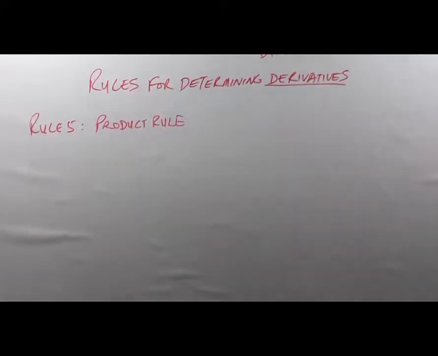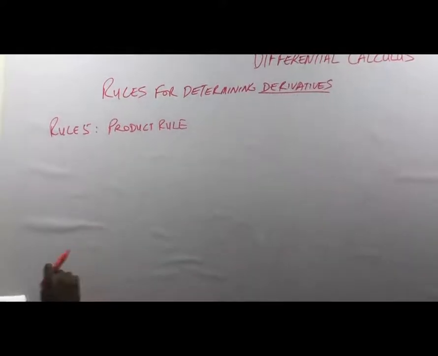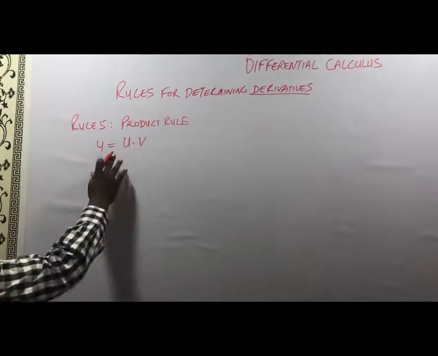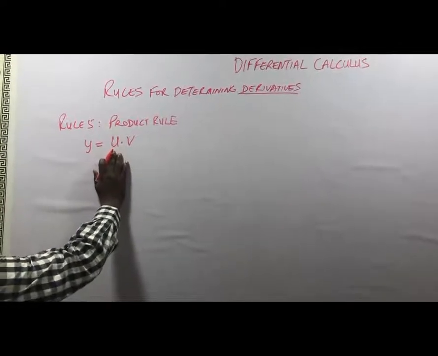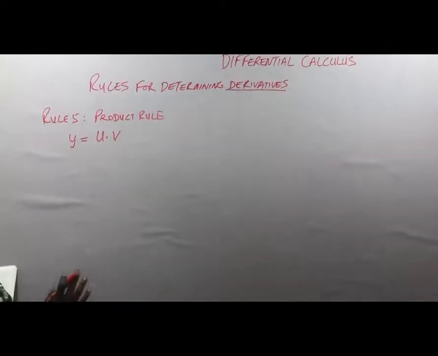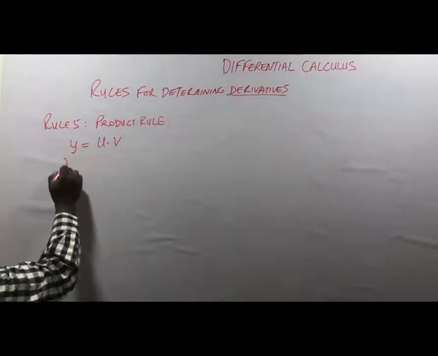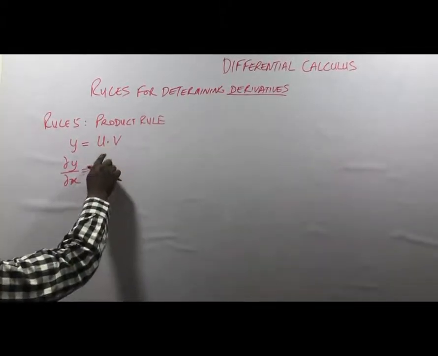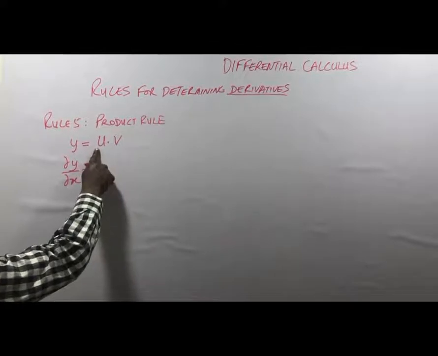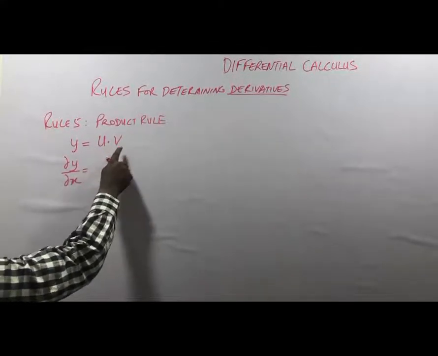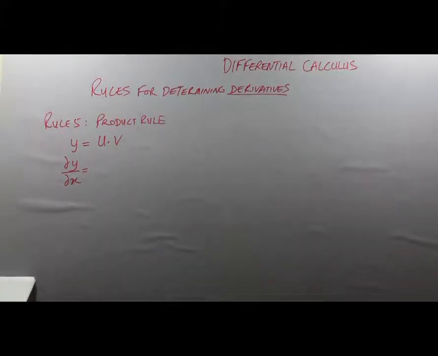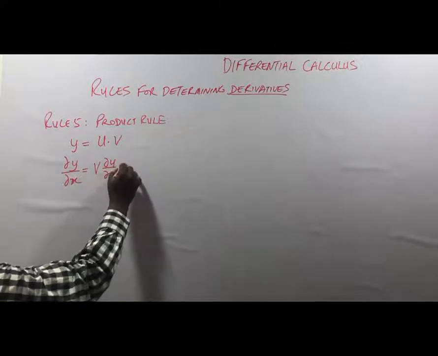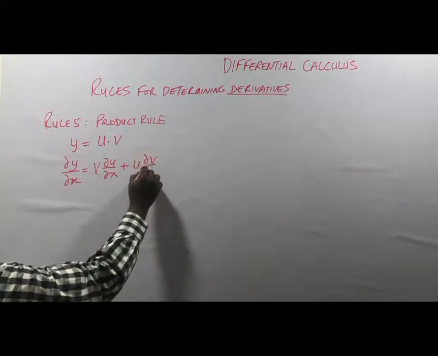The product rule states that for the derivative of two functions, let's say we have y is equal to u times v, where u is represented by a function and v is another function, the derivative dy/dx is going to be that we pick the second function multiplied by the derivative of the first function plus the first function multiplied by the derivative of the second function, so that our answer actually will be v times du/dx plus u times dv/dx.